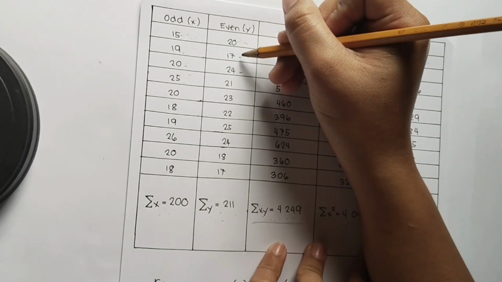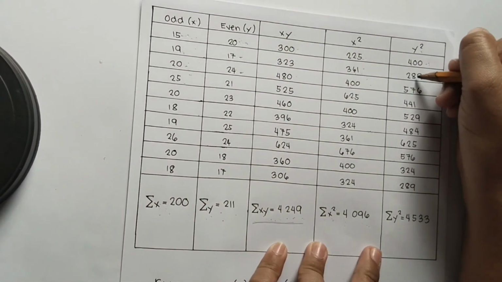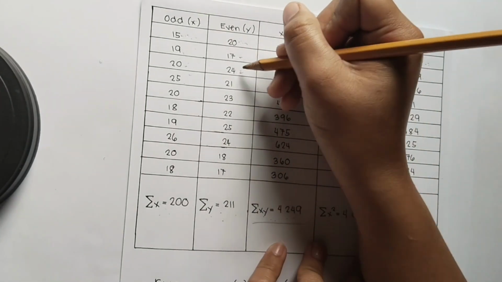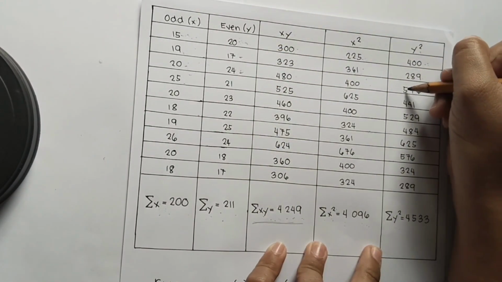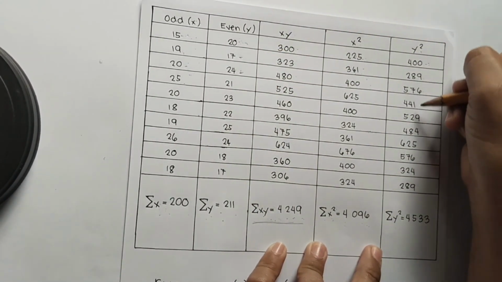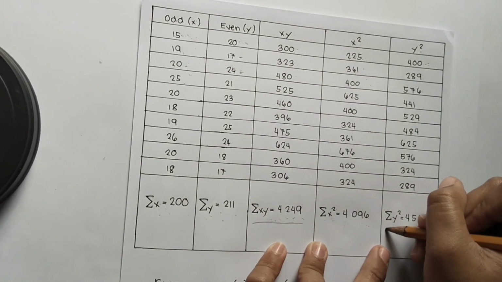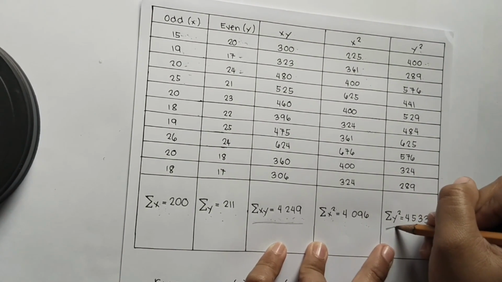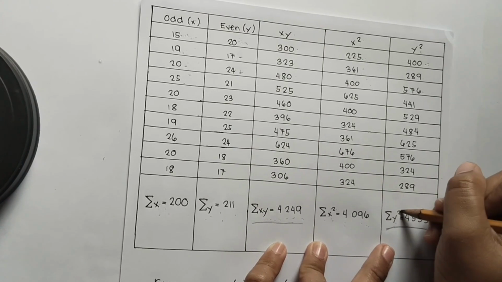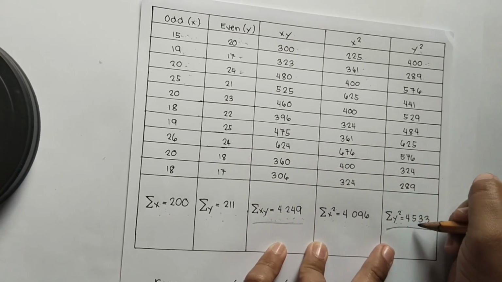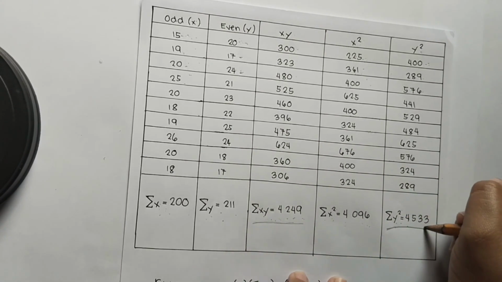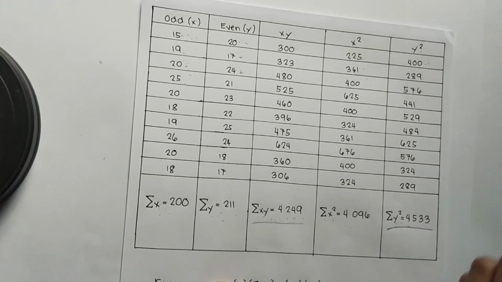So, 17 times 17 is equals to 289. 24 times 24 is equals to 576 and so on. And magre-result siya ng, so ang summation of y squared is equals to 4,533.